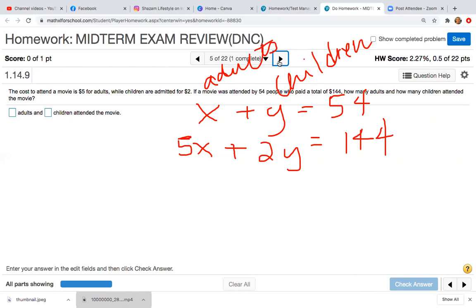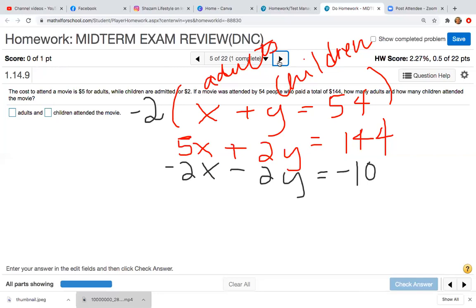I'm just gonna do a quick elimination on this one by multiplying the first equation by -2, okay? And why am I multiplying it by -2? Because I want to eliminate the y variable, so therefore the coefficients of y must be the same with opposite signs, okay? So that's why I decided to multiply by a -2.